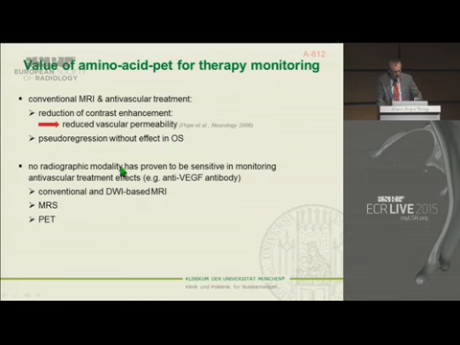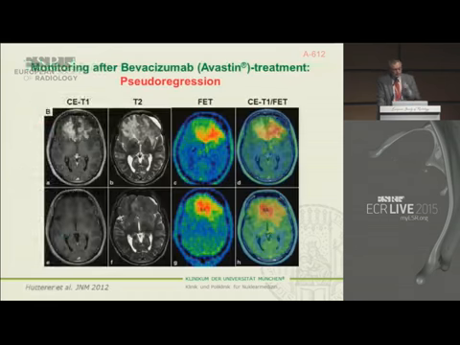Here, no radiographic modality has proven to be sensitive in monitoring the effects of these antivascular treatments. This is not the case for spectroscopy, it's not the case for conventional and diffusion imaging MRI, but also, if one is honest, not in PET.